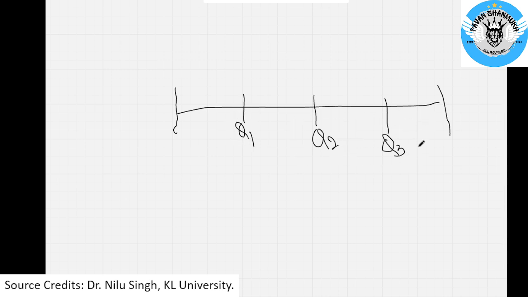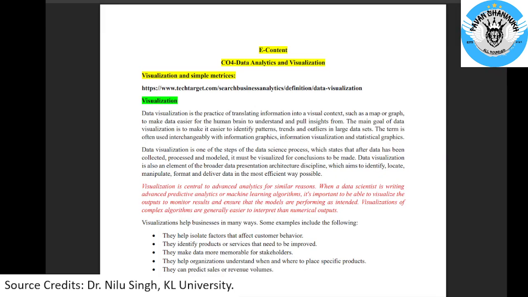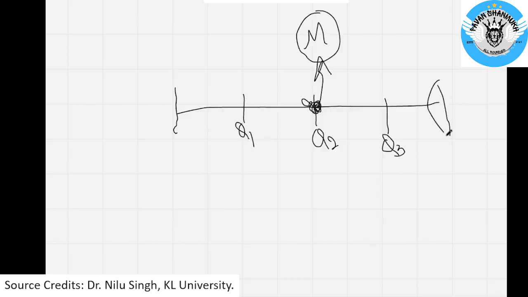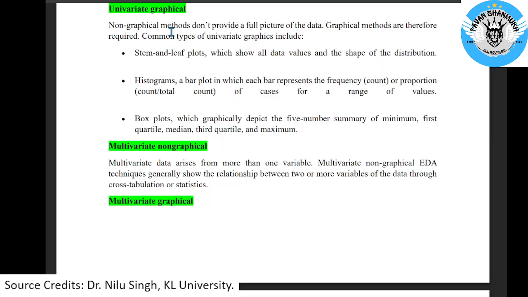These are quartiles. Obviously, you can conclude that the median is the second quartile. So that is the median M. And then we have the maximum as well. These are the values to be taken after we arrange the data in sorted order, the median and the quartiles. So that is about how box plots graphically depict the data.